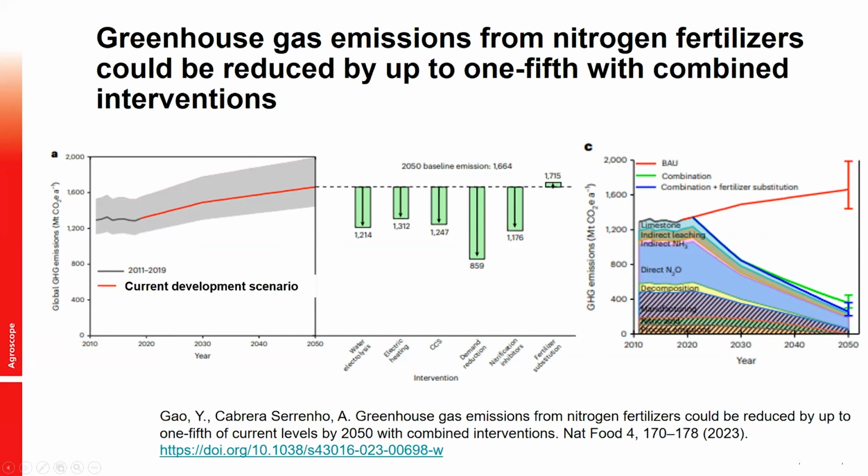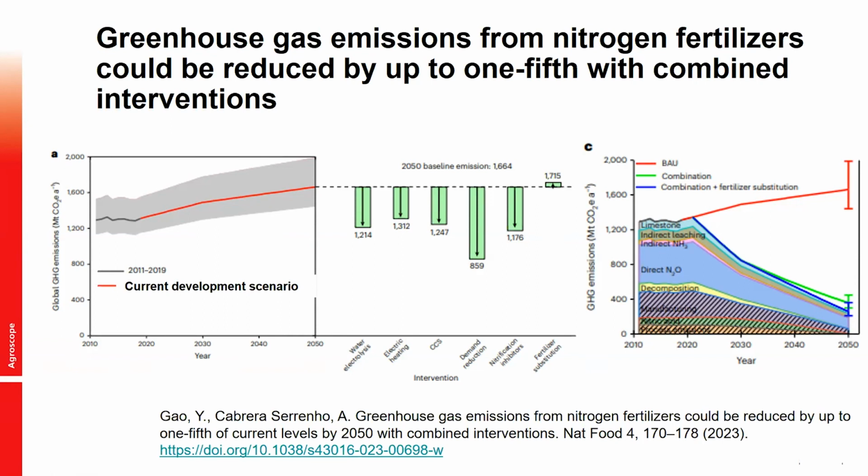Fertilizer substitution is still predicted to increase a bit, but with many other ways, we can still reduce a lot. On the very right, in red, you see the baseline emission. By using many different options and combining our possibilities to reduce losses, we can reduce this quite tremendously. And that's actually good news.